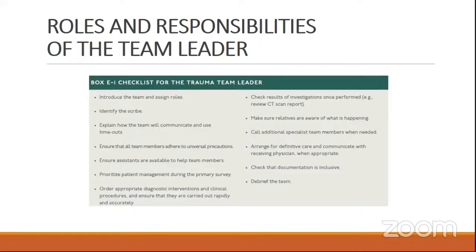For example, neurosurgery in case of any brain injury, and if there is any trauma, the other additional specialists include orthopedics, vascular surgeons, plastic surgeons, etc. Then arrange for definitive care and communication with the receiving physician when appropriate.